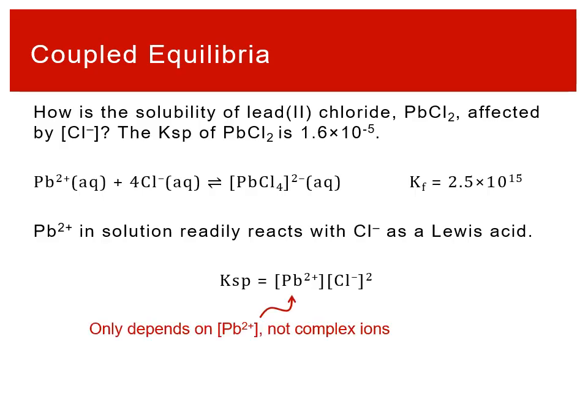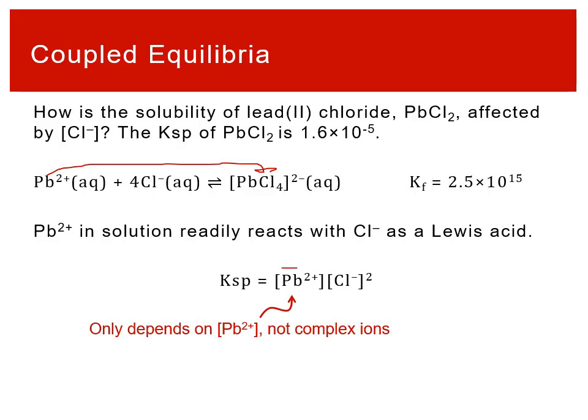We can figure that out. And this only depends on Pb2 plus, not the complex ions. So the total concentration of bare Pb2 plus and chloride has to stay low. But if those lead ions end up reacting and becoming these complex ions, then that wouldn't fit into this equilibrium constant.